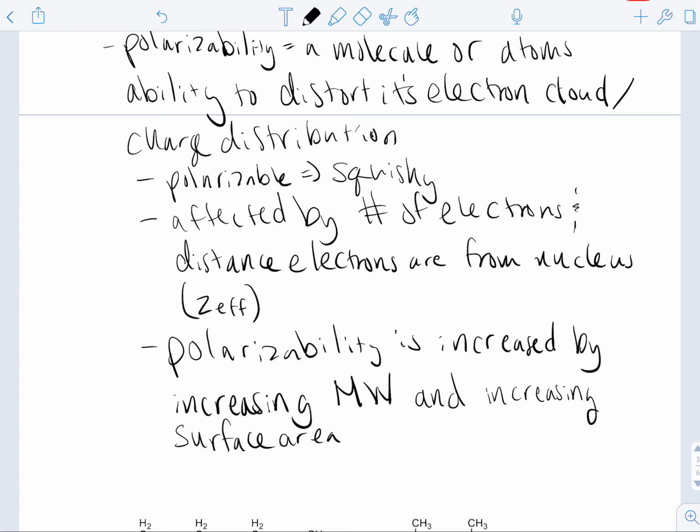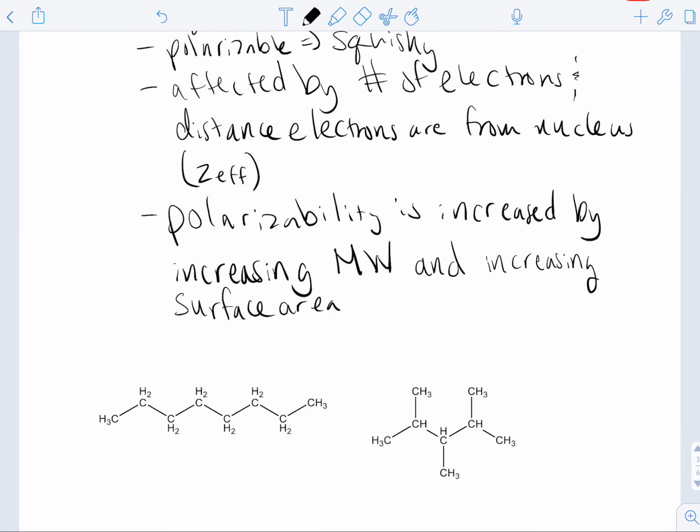Let's take, for instance, these two molecules right here. These are both C8H18, so they both have the same molecular weight. The one on the left is going to be more polarizable, because it has a greater surface area, so it can push electron density in one direction more greatly than the one on the right, which is less polarizable.